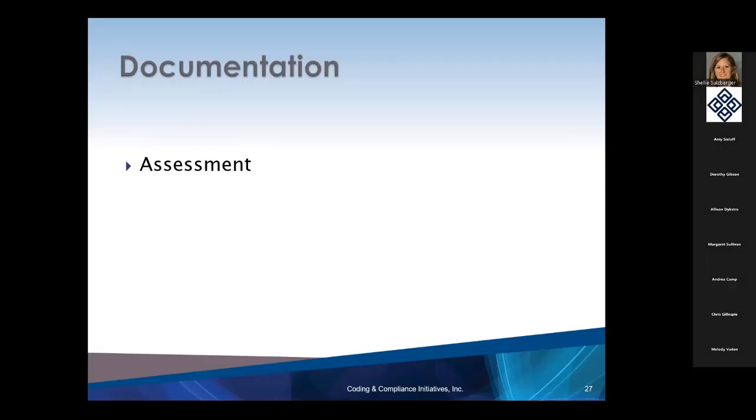The assessment, this is where we're going to document and find our diagnosis or our signs and symptoms. So as a reader, I'm looking for that provider to tell me the highest level of specificity on the heart failure. So hypertensive heart failure, is it acute, chronic, acute on chronic?